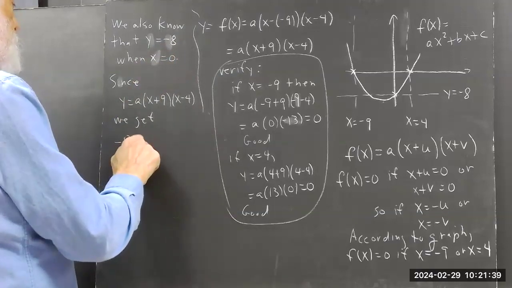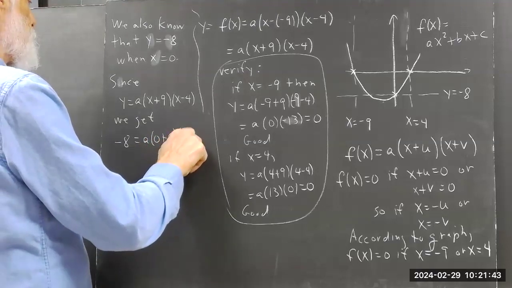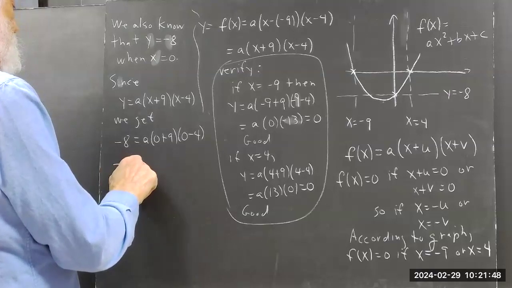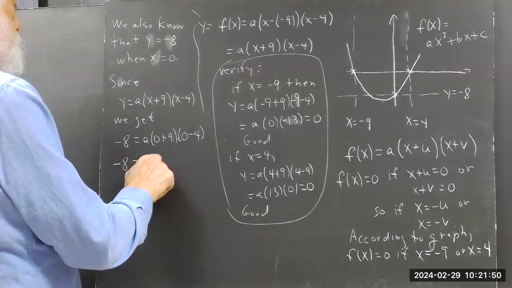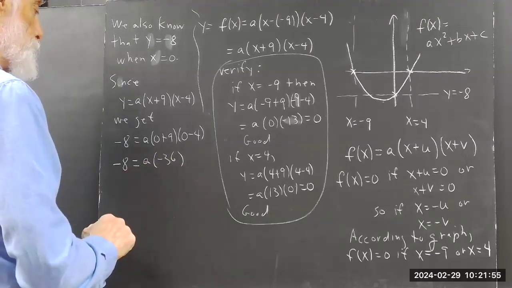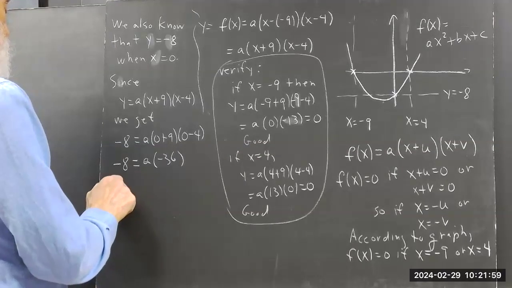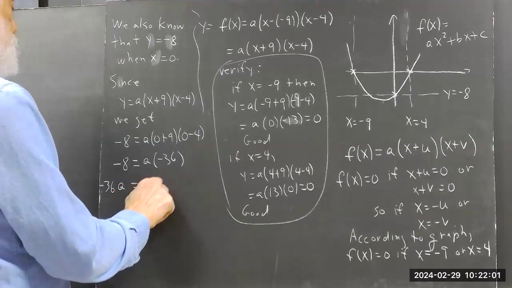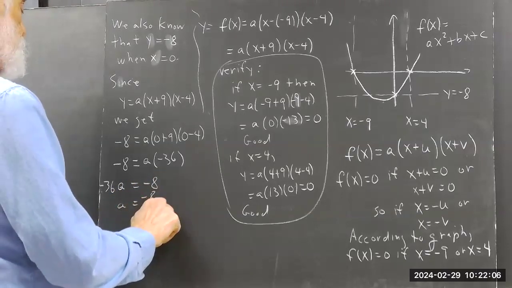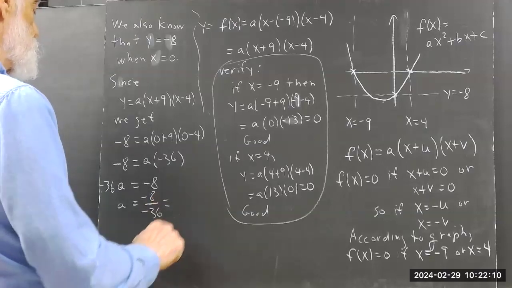We get -8 equals a times 0 plus 9 times 0 minus 4. So that means -8 is a times -36. You would write that as -36a. And a equals then -8 over -36, which reduces to 2 over 9.